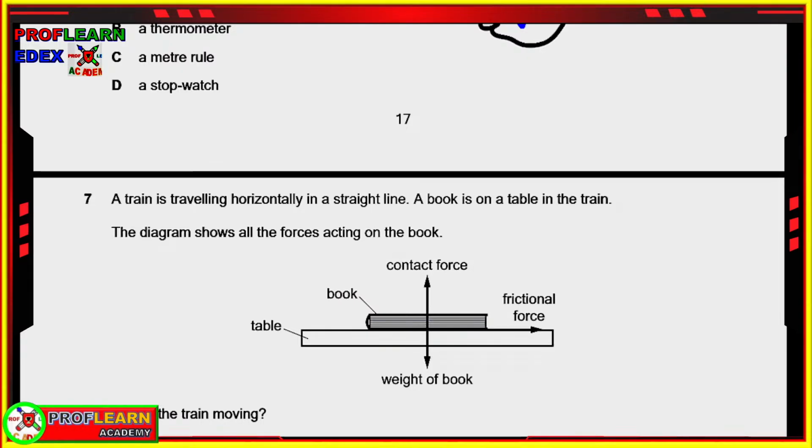Another viewer is saying the answer is B.